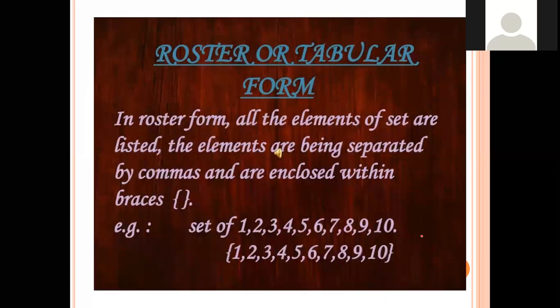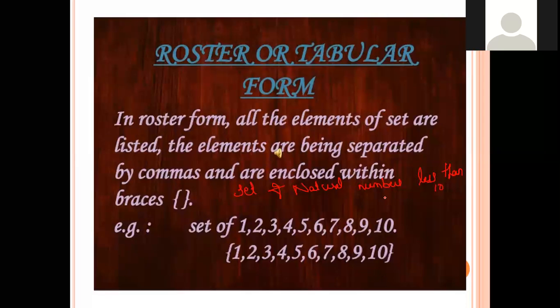So roster form is the form in which all the elements of the set are listed. Okay, and the elements are separated by commas and are closed within the braces. Now suppose I say set of natural numbers less than 10.